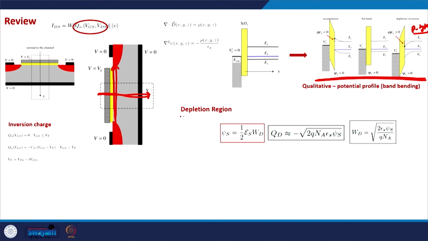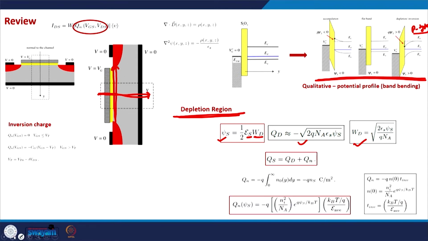In the depletion region, there is a positive gate voltage but the inversion charge is not there yet. In that case psi s, the surface potential of the semiconductor, is related to the depletion width and the electric field at the surface. The charge is given by this expression and the depletion width is given by this expression.